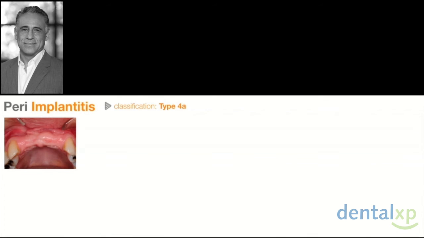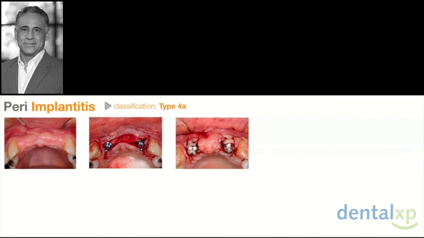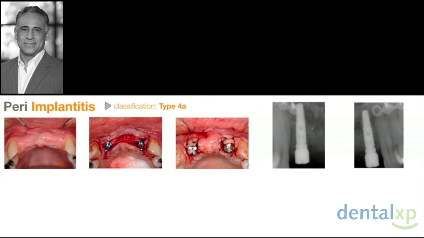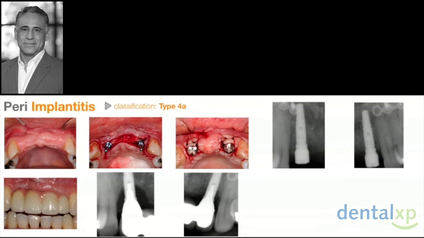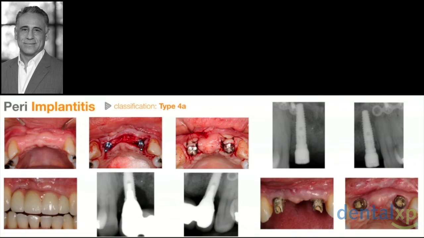Here's an example of a patient who had the implants placed for a 4-unit implant-supported bridge in the anterior area, and was initially provisionalized, and about 6 months later, there is evidence of significant bone loss all the way around both implants, and with evidence of pain and discomfort and bleeding around the soft tissue.